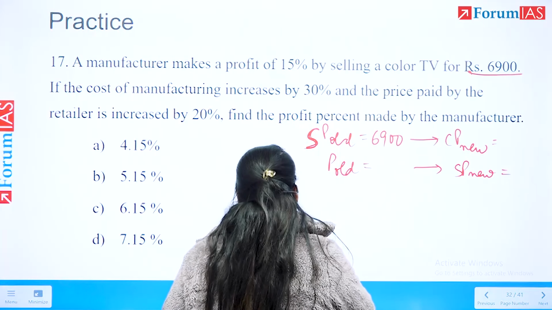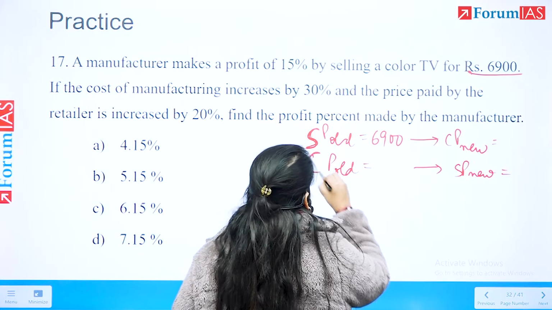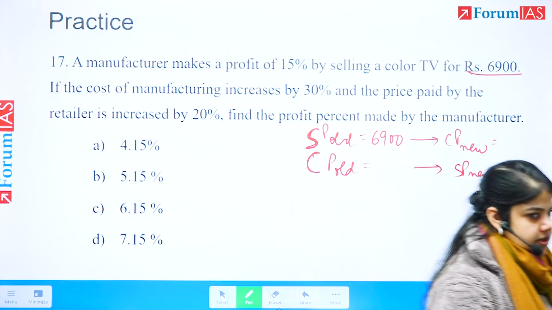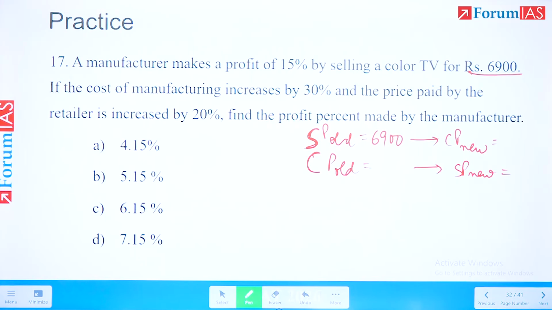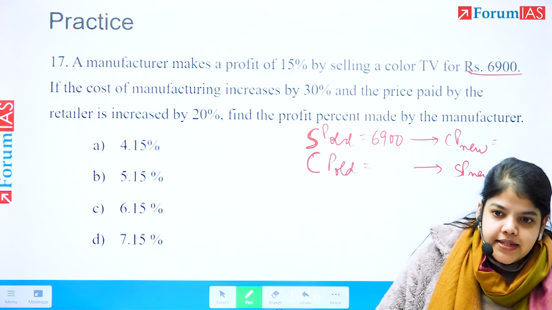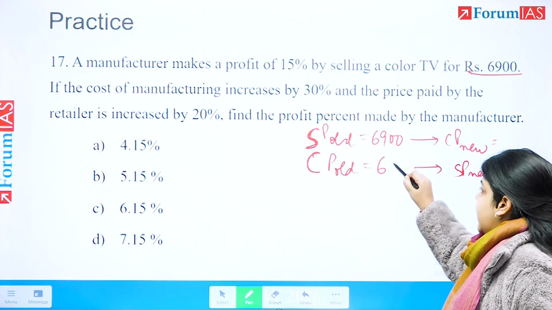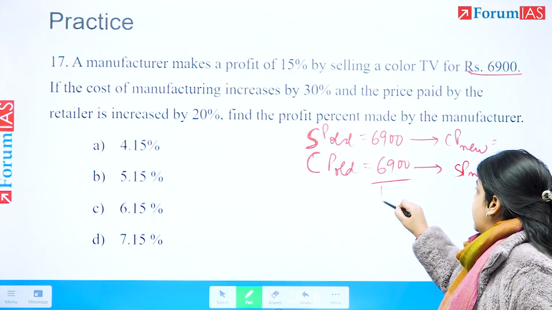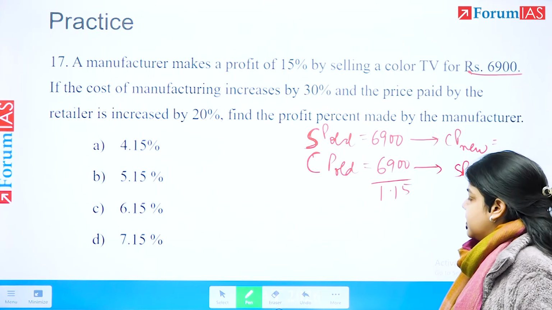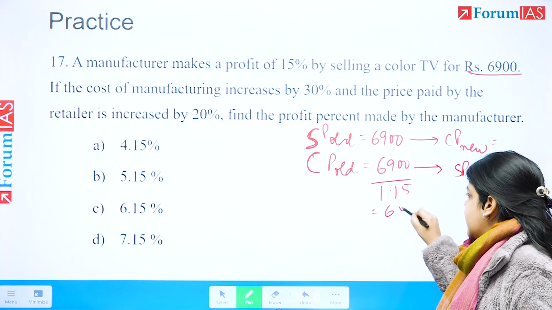So what was the cost price? Cost price old is equal to 6,900 divided by 1.15, which is equal to 6,000.